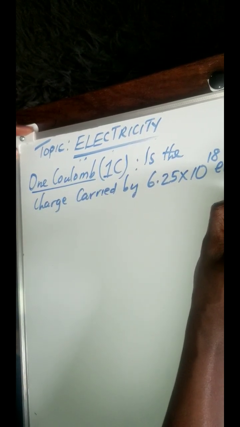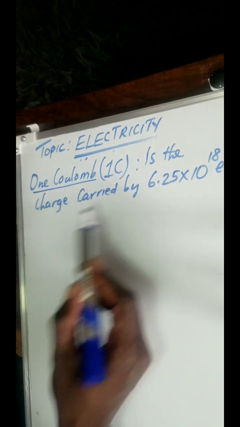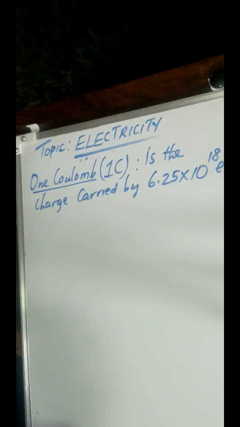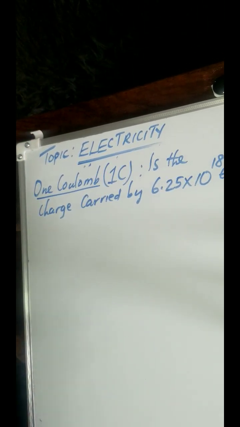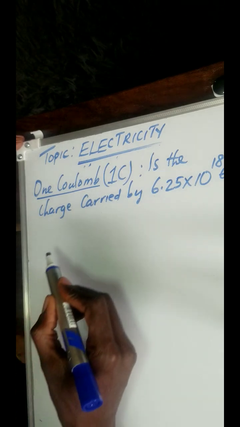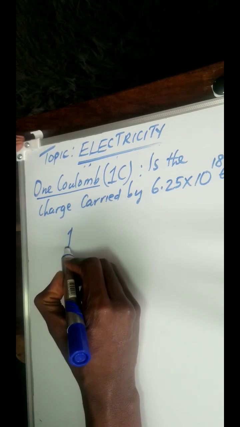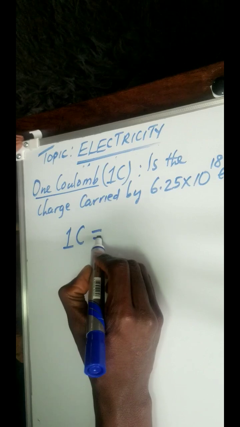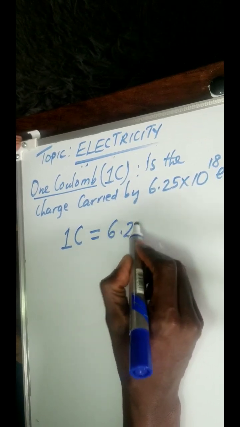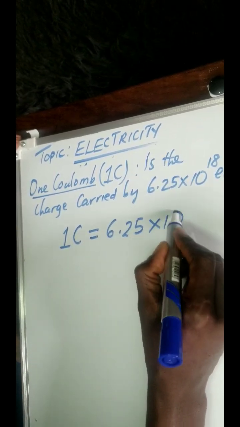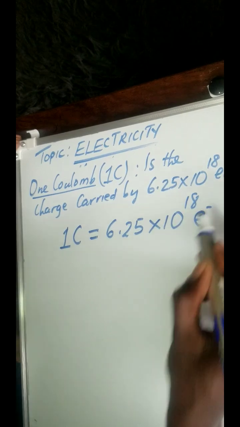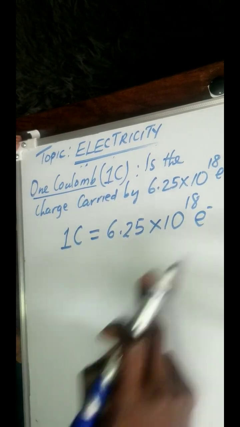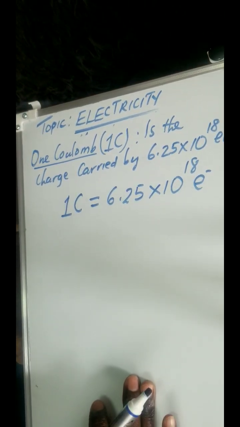Mathematically, 1 coulomb is equal to 6.25 times 10 raised to the power 18 electrons. So in 1 coulomb there are this number of electrons.